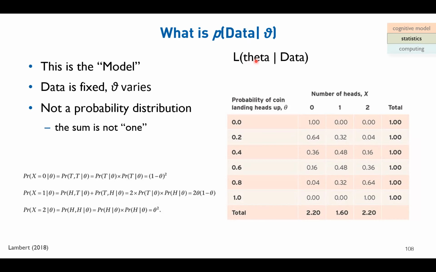Theta is the varying variable. So f of x here is f of theta, and in this particular case, it is a function of theta given data. If I write it this way, I guess it's easier to understand, and less confusing.